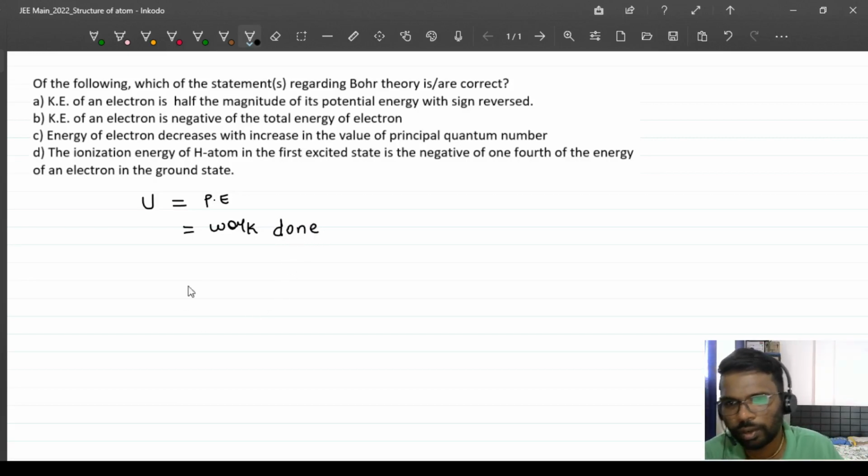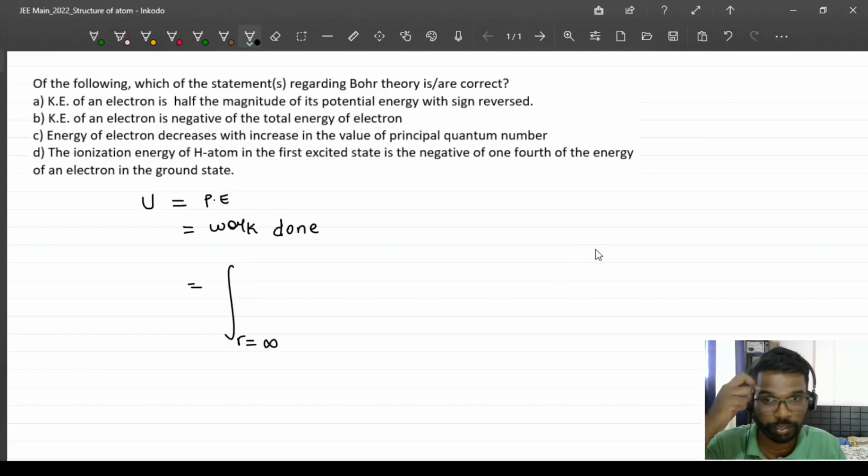If we take the work done as the integral from some distance, infinity, to some distance r, of force multiplied by a small displacement dr.